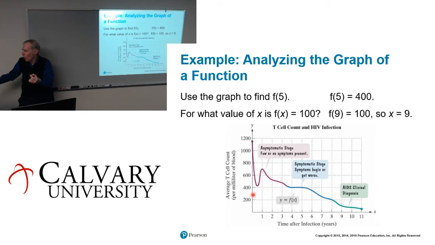So you would go all the way down here to 100, which is the y value of the graph. You go straight across until you get to this point where it intersects the graph, and the corresponding x value is 9. So that means f of 9 is 100, so the value of x is equal to 9.